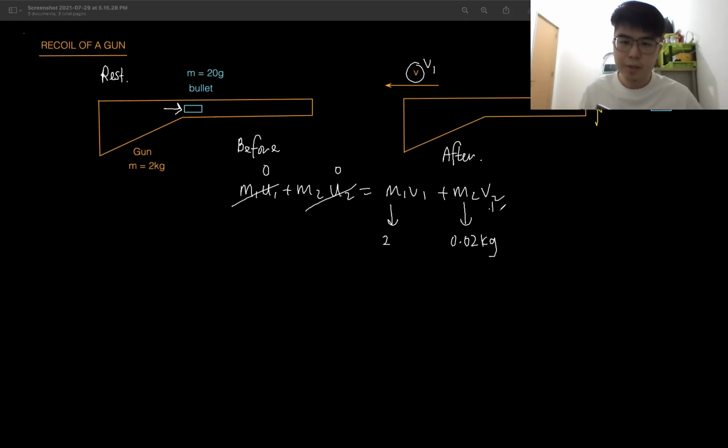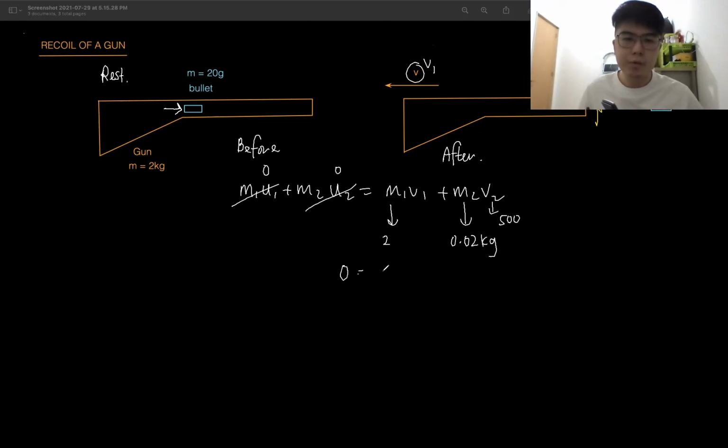And v2 is 500. When you use the formula, be careful with the sign, guys. If the velocity is pointing to the left, then you have to add a negative. Because this v1 is the unknown that I want to find, I don't add the negative. But if the number is given, for example, like 5 m/s, then you have to add a negative in the calculation.